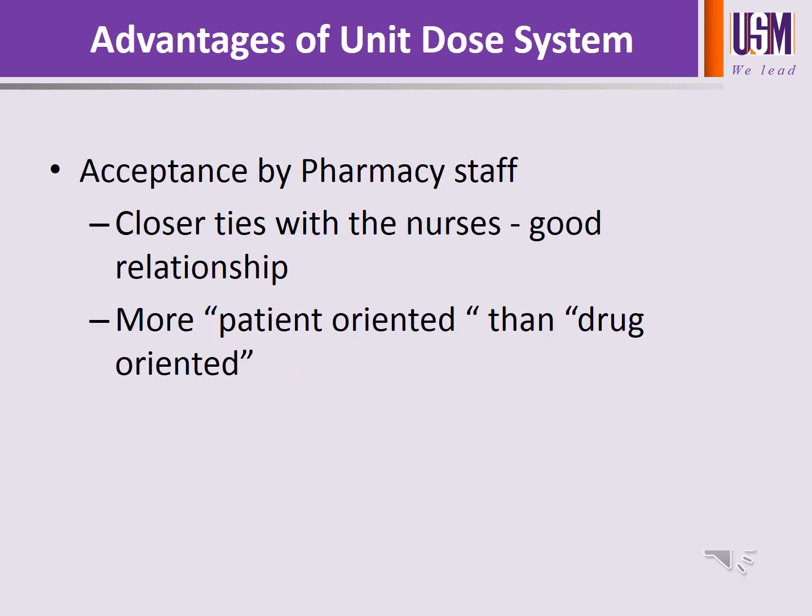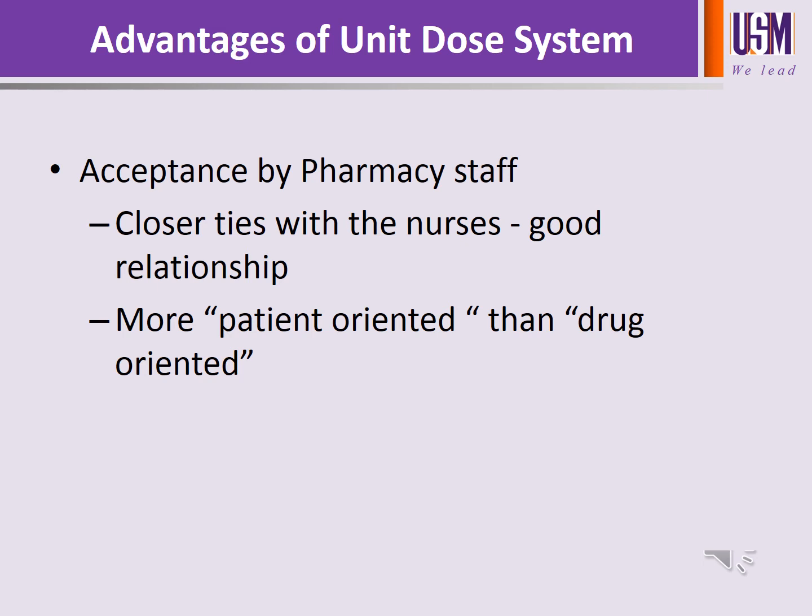Not only is the unit dose less expensive and safer for the patient when considering its entire impact on medication distribution and also patient safety, but it places the pharmacist in a better position to be involved in patient care. Now the pharmacist receives the medication order and can intervene prior to the first dose being available for the nurses. Even though this was a new role for the pharmacist at that time, it was a much better use of their knowledge and training, not just sitting in the basement or the pharmacy department and just supplying the drug without looking at the patient or without even having contact with the patient.